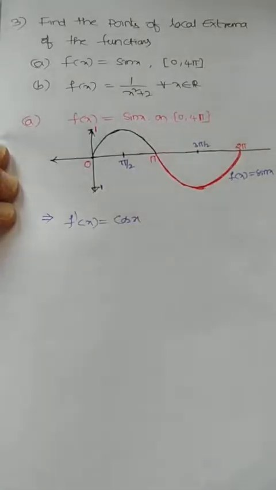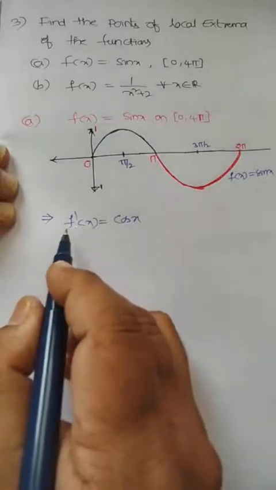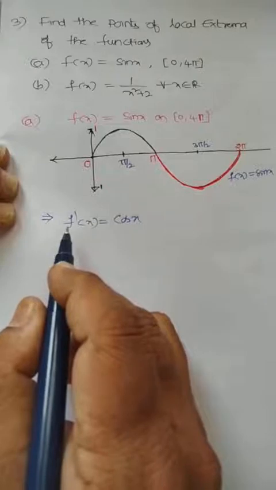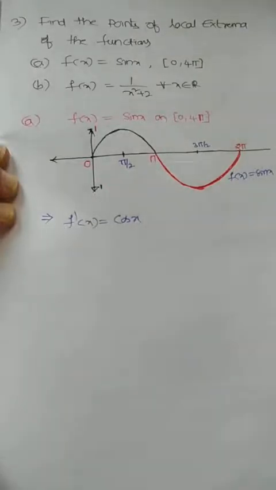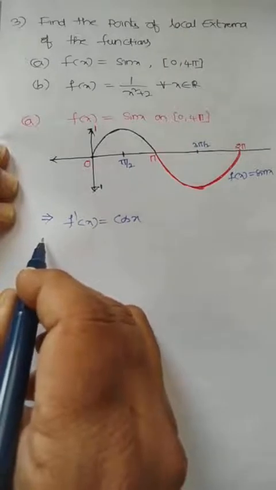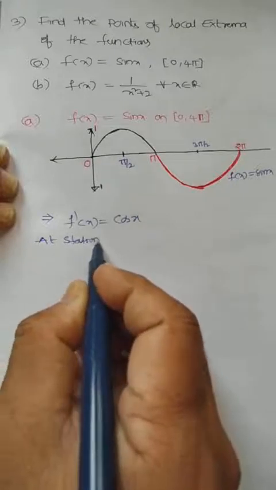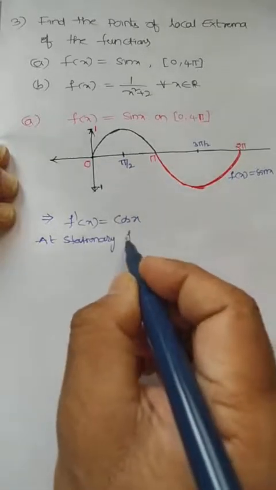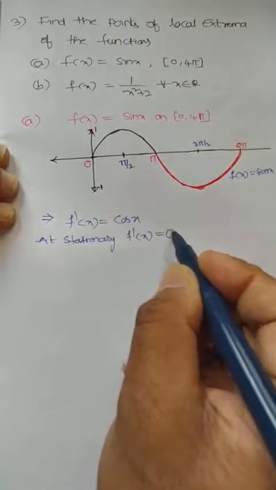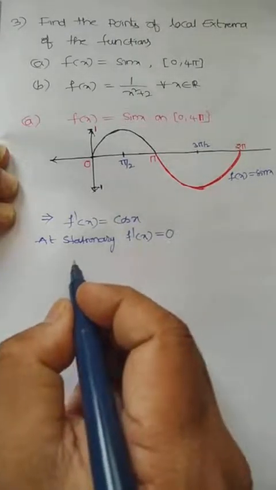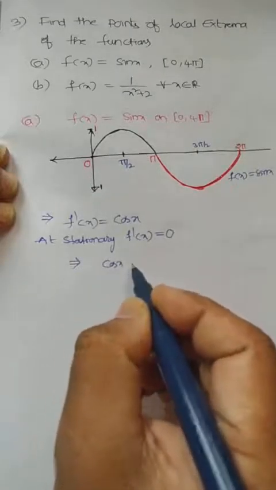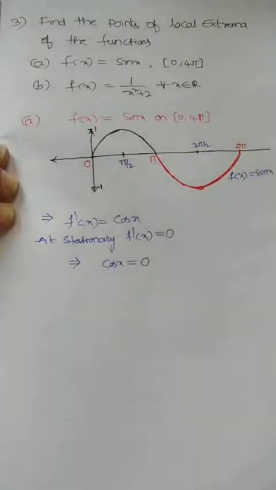First, at the stationary points, f dash of x must be 0, that implies cos x is 0. So what are the x values for which f dash of x is 0? Let us find.